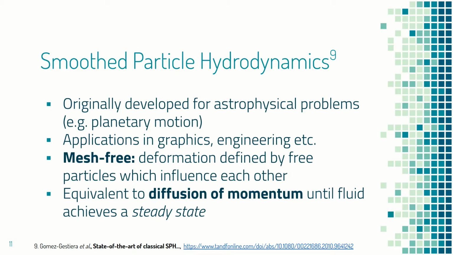What that means is, without any external factors, if I ran an SPH simulation, after some time it will converge to a steady state, because the momentum has been diffused evenly between all the particles within the fluid container, until it's essentially a steady state. And that diffusion of momentum is essentially the property that we exploit in order to achieve a sampling.